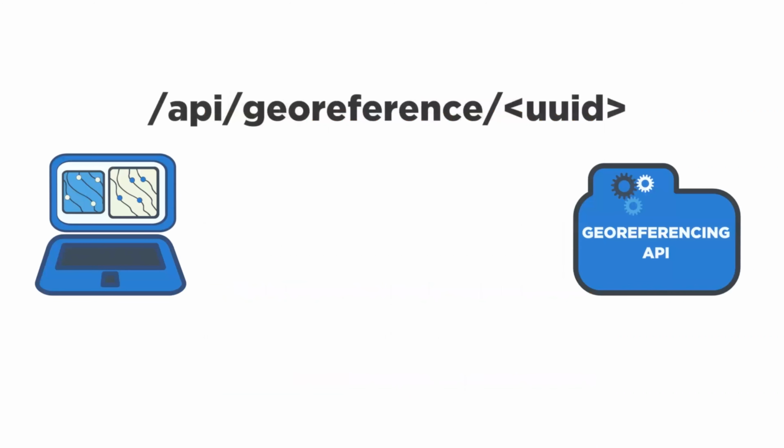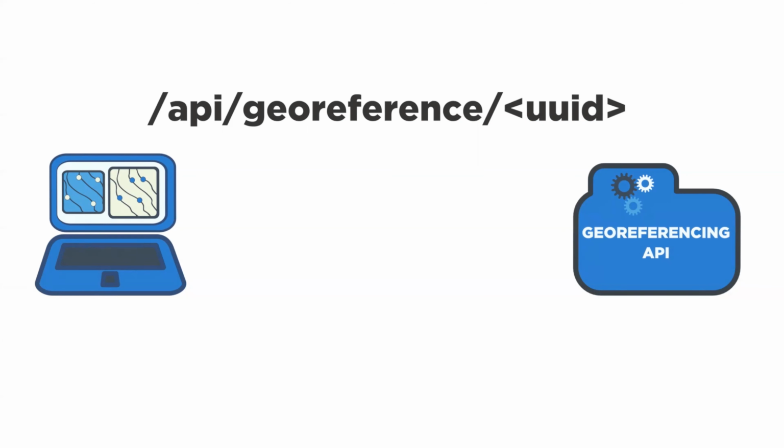The georeference route behaves very similarly and accepts the exact same input and is located at /API/georeference/UUID. And again, this UUID, shown in brackets, represents the unique identifier that was returned during the upload process. Just like the RMSE route, the JSON is uploaded via a POST method.